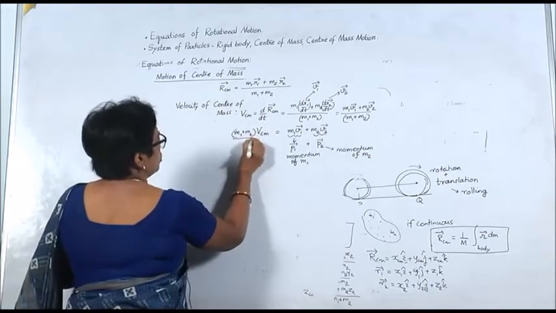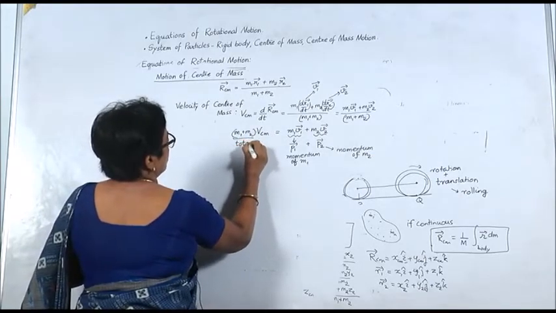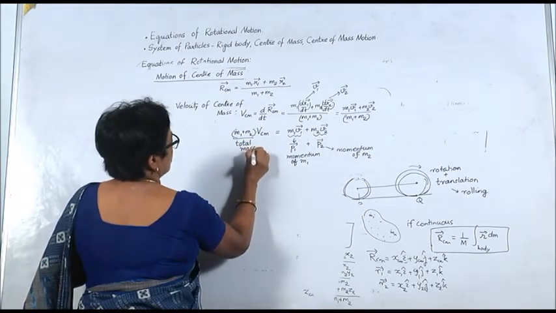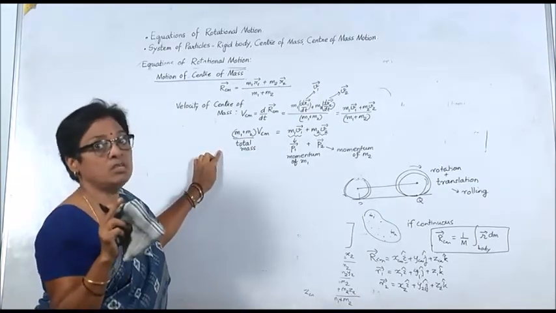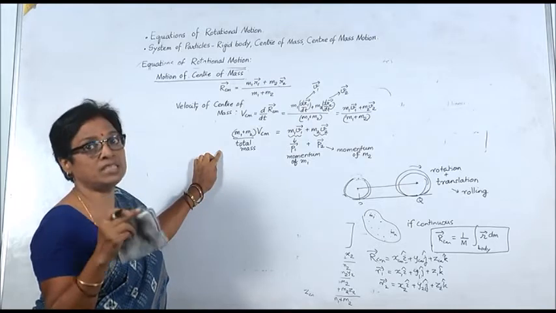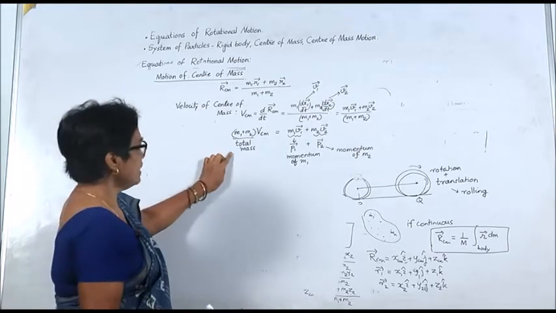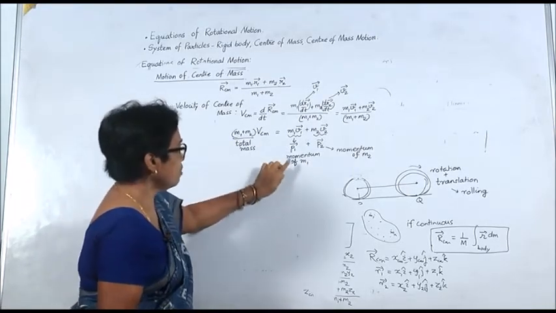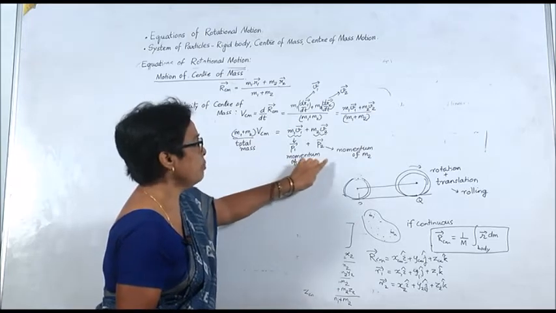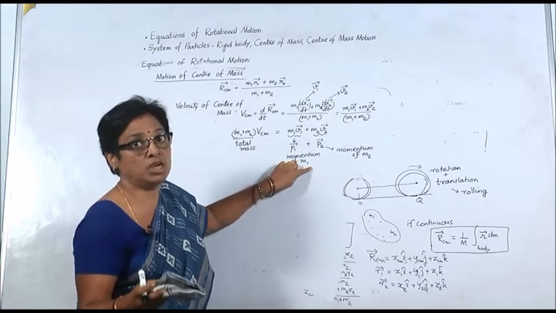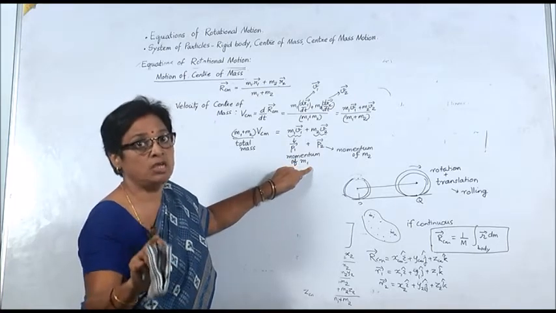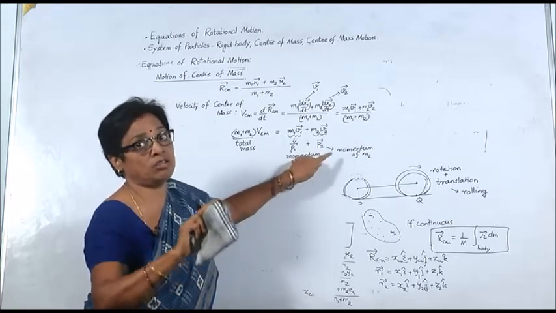Now, this is the total mass, m1 plus m2. There are two bodies, two particles, m1 and m2, so total mass is m1 plus m2. This tells me that the momentum of m1 plus momentum of m2 is nothing but the total momentum of the system, because the system consists of two particles, m1 v1 and m2 v2.